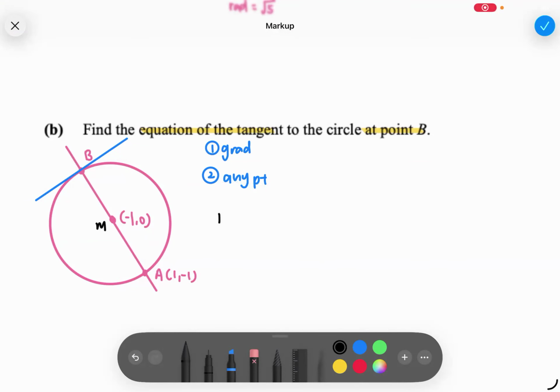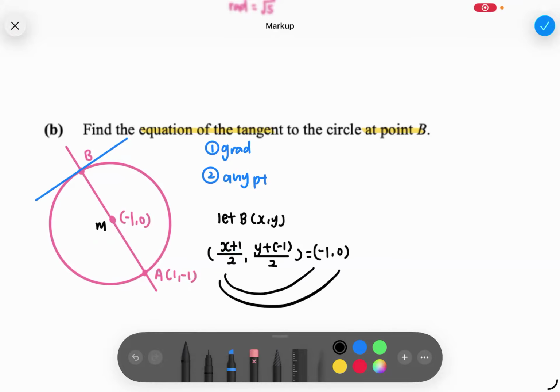I'm going to let B be x, y. So x plus 1 divided by 2 to find my middle, y plus negative 1 divided by 2 to find my middle, equals minus 1 and 0. This is the x coordinate, this is the y coordinate.